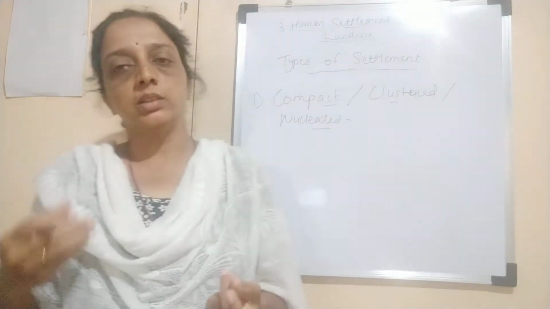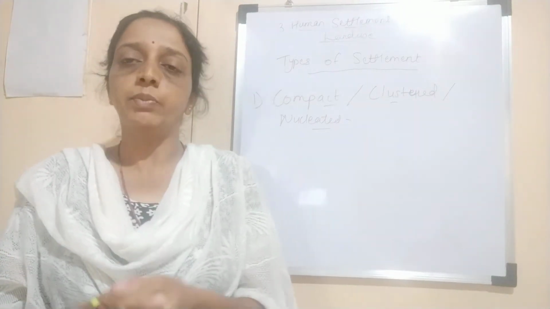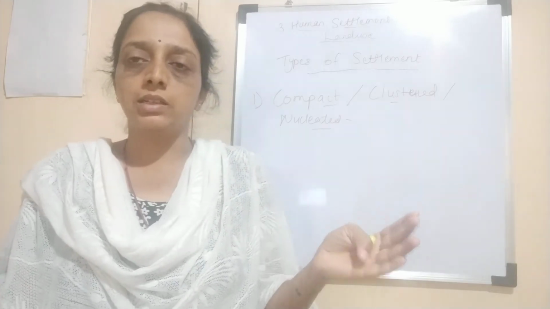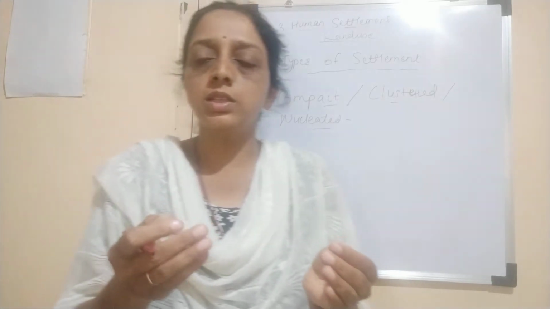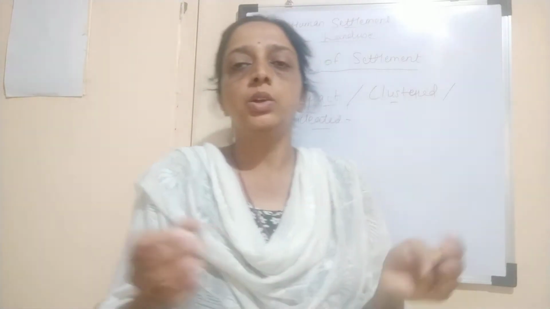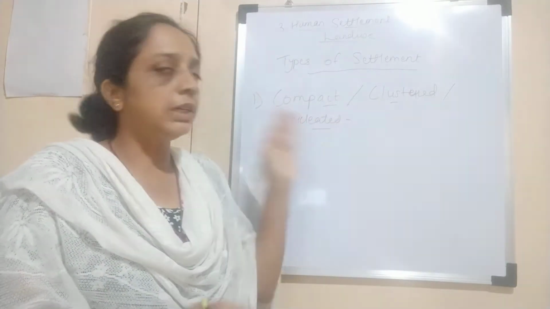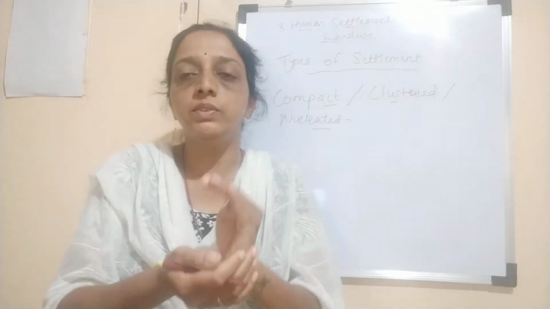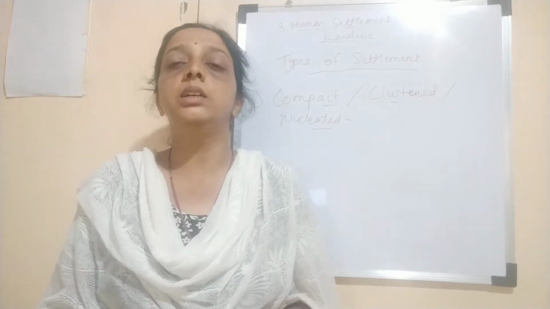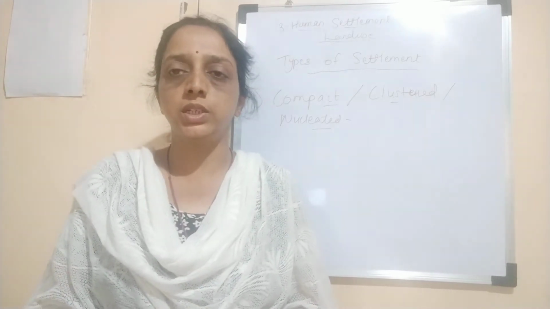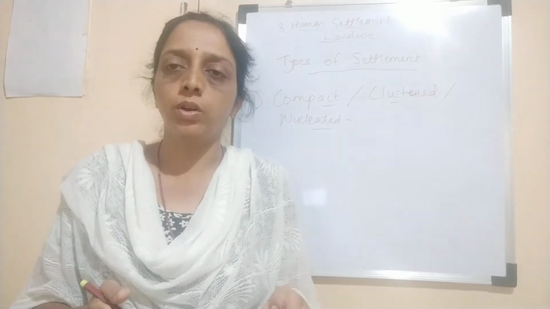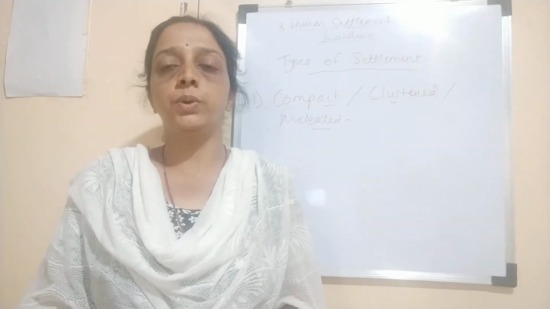Compact settlement, the name itself gives us the idea of compactness: the houses are very close to each other. This type of settlement we generally observe in the cities, the urban areas, the metropolitan cities, because the land is small but the population is very high.